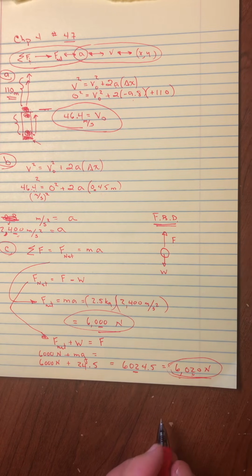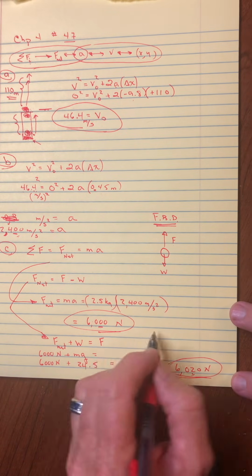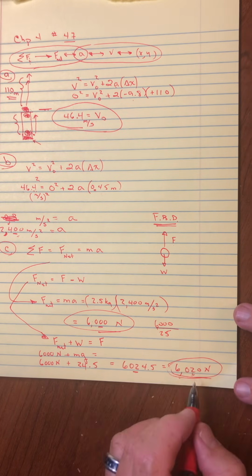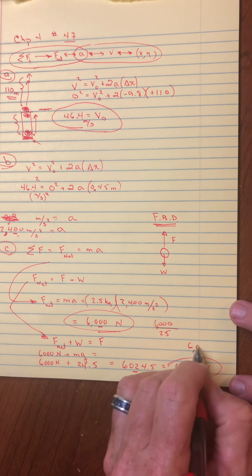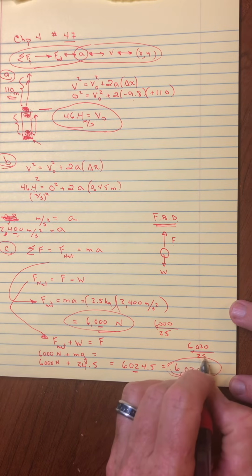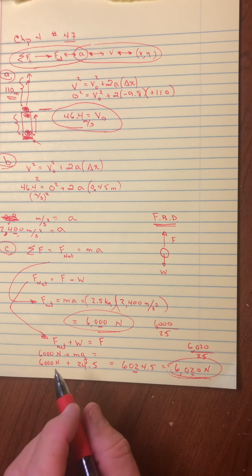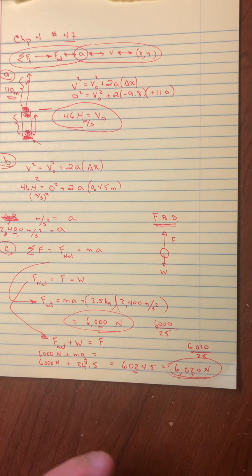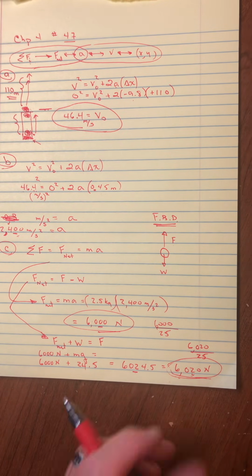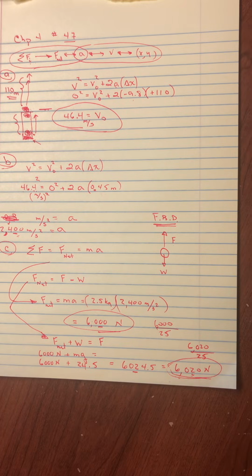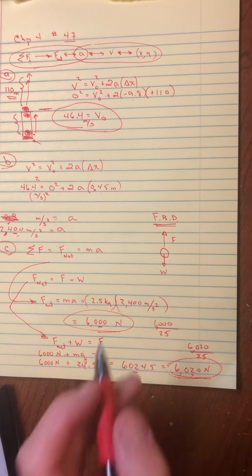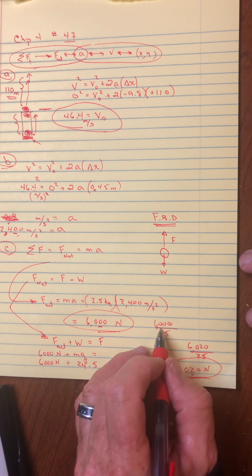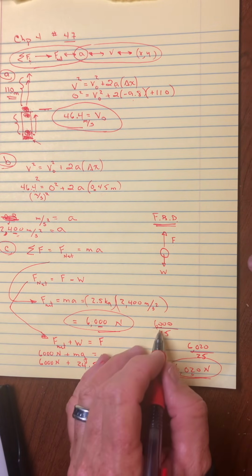But then as a ratio, they're saying take this number, either the 6,000 or the 6,020, and divide by 25. I'll leave that for you. This would tell you how many more times it is than the weight of the object.